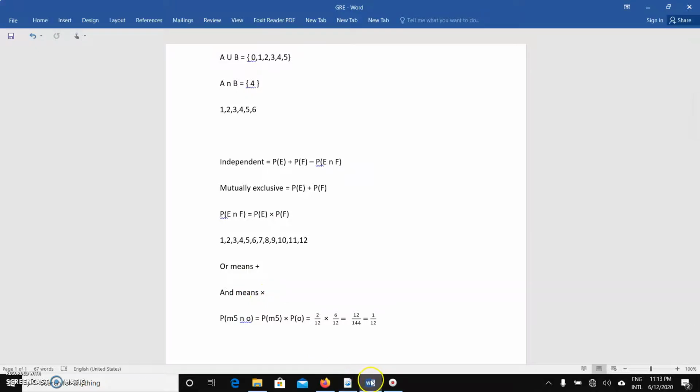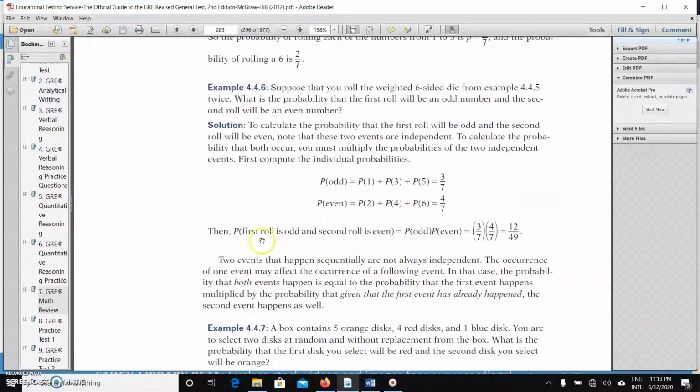So we're talking about 2 events here, the odd number, which is 3 over 7, and the even number, which is 4 over 7. So that will be times 3 over 7, the probability of the odd, times 4 over 7, the probability of the even. That will give you the final answer, 12 over 49.